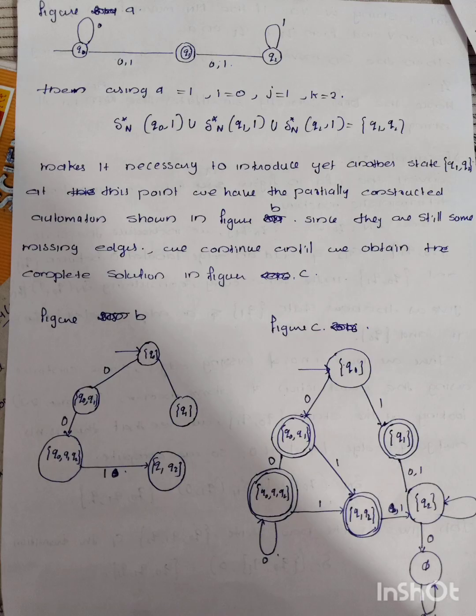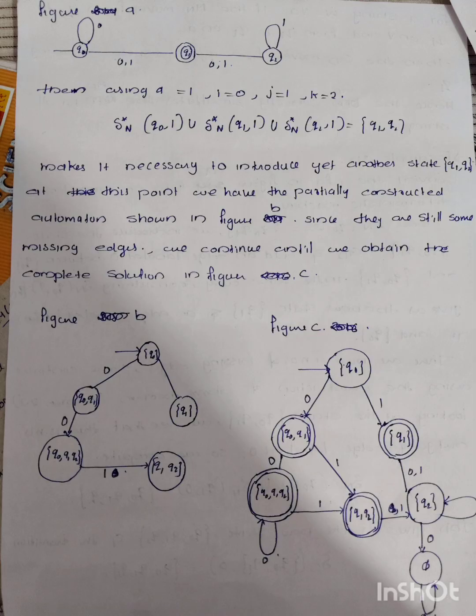Then, for figure A, using a = 1, i = 0, j = 1 and k = 2: δ*n(q0, 1) ∪ δ*n(q1, 1) ∪ δ*n(q2, 1) = {q1, q2}. This makes it necessary to introduce yet another state {q1, q2}.